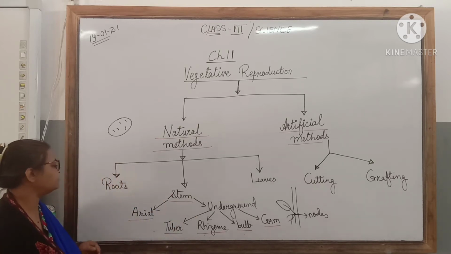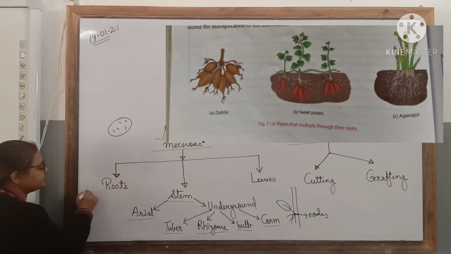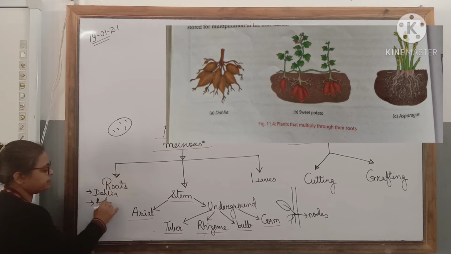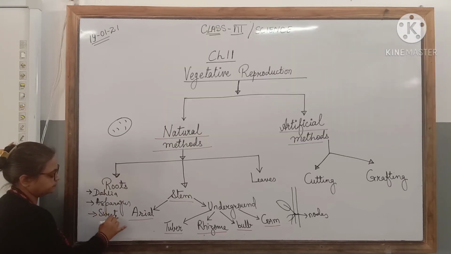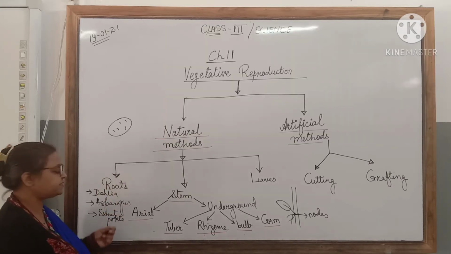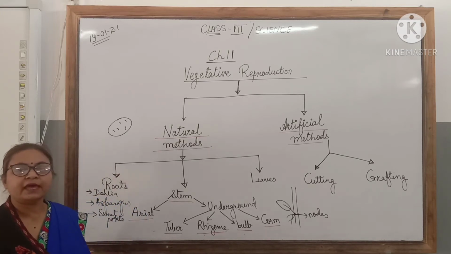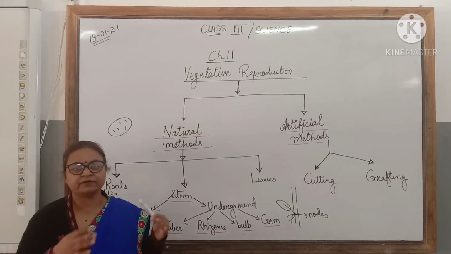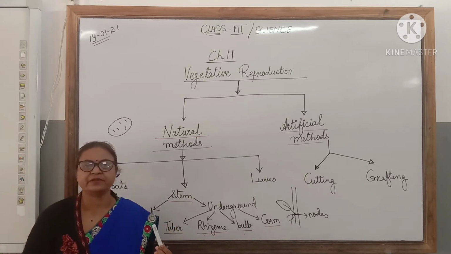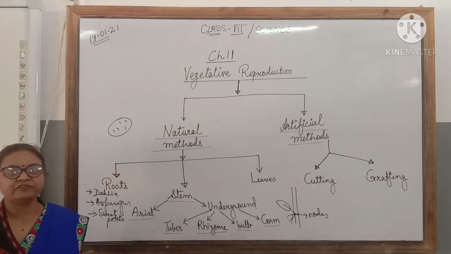Vegetative propagation with the help of roots occurs in plants like dahlia, asparagus, sweet potato, etc. These plants have roots that store food, and as they mature, the plant dies out but the root remains in the soil, which is having food stored in it.